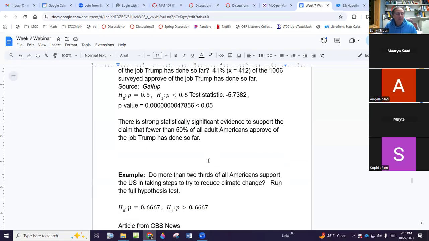Okay, so here's another example. Again, I like to give you lots of examples. Do more than 2/3 of all Americans support the US in taking steps to reduce climate change? Okay, let's run the full hypothesis test. By the way, when I first taught this, it's not even thinking about more than 2/3.